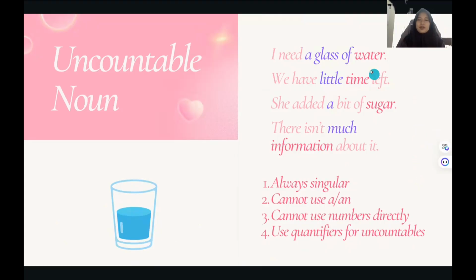You cannot put a number behind the noun, like 2 water, 3 water, 4 water. No. Remember that I said before, if you want to say the noun is plural, you have to add an object before it. For example, there's a glass of water. If you want to say there are 2, you can say 2 glasses of water.